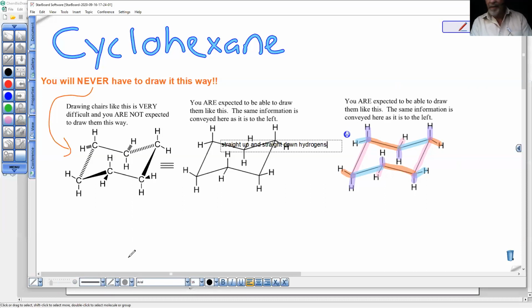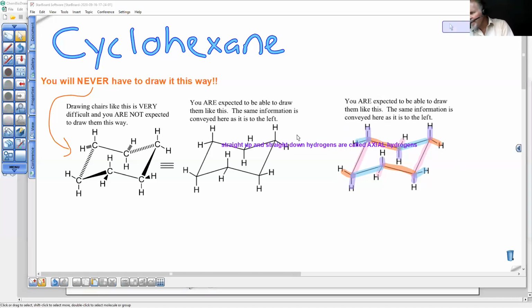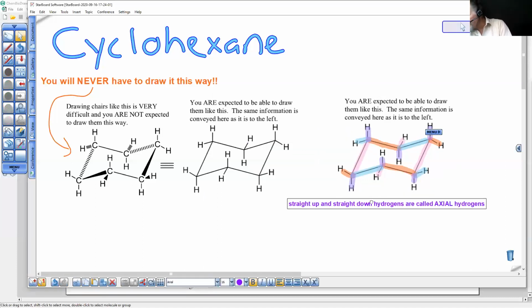Hydrogens are called axial hydrogens. Get your astronomy hats on. In fact, all day we've been talking astronomy terms, haven't we? When we talk about eclipsing, isn't that an astronomy term? So let's continue with the astronomy vein here. So straight up and straight down hydrogens are called axial hydrogens.